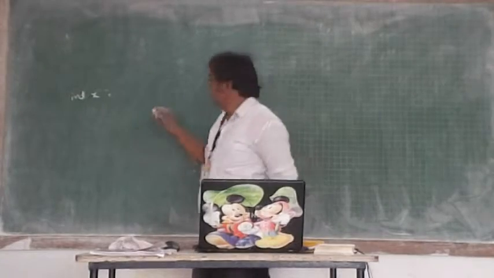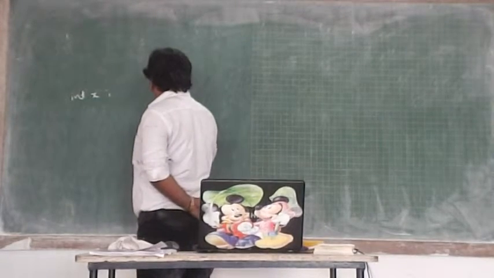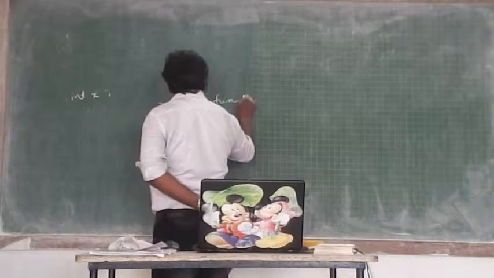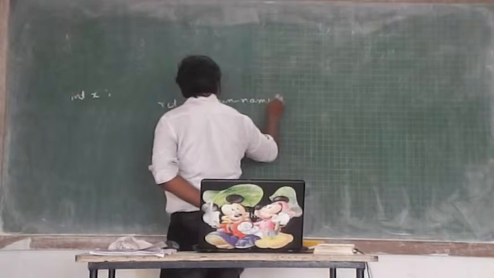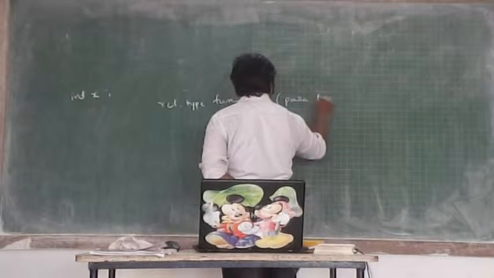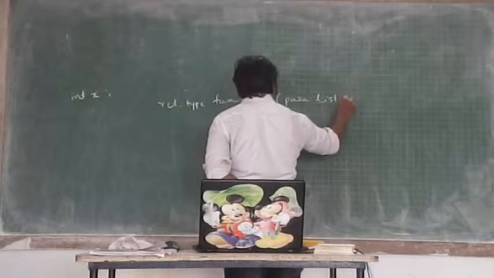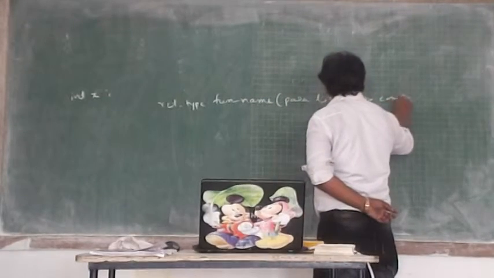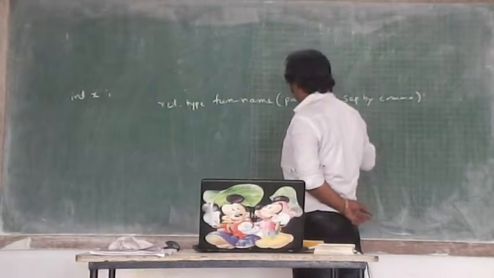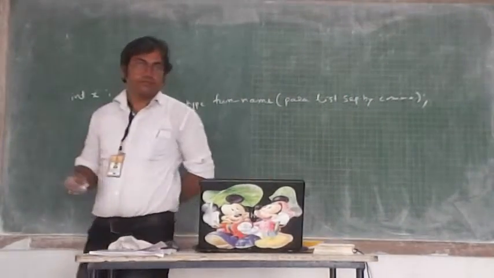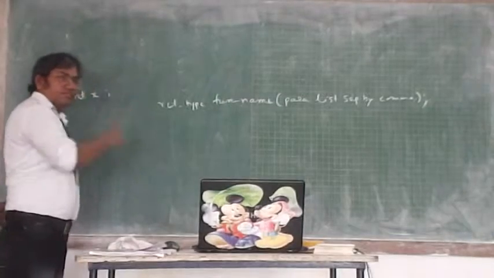Return type, function name, parameter list separated by comma, semicolon. This is declaration. Okay? The syntax we have to use.